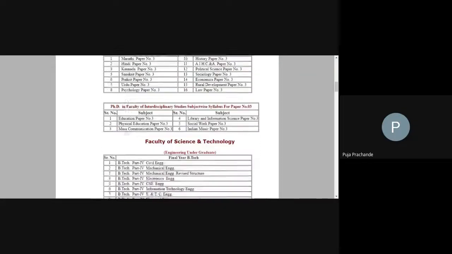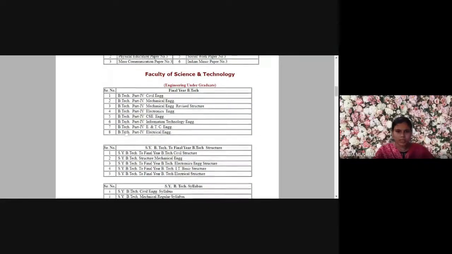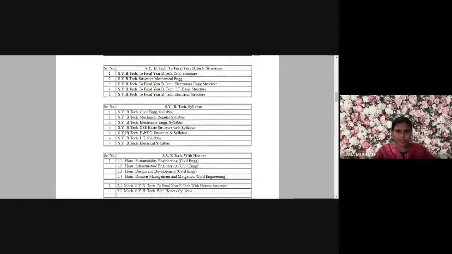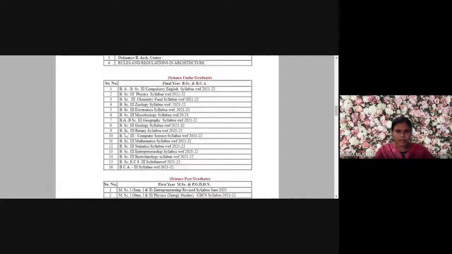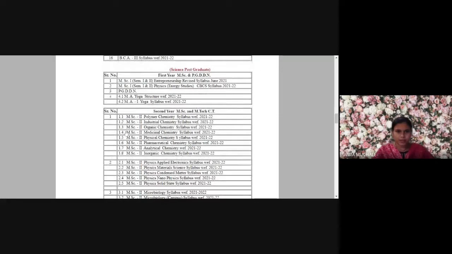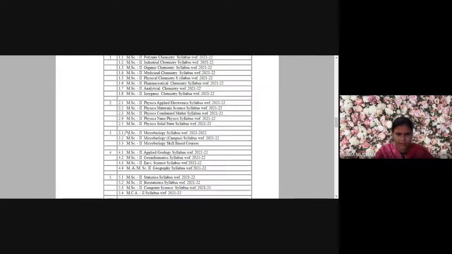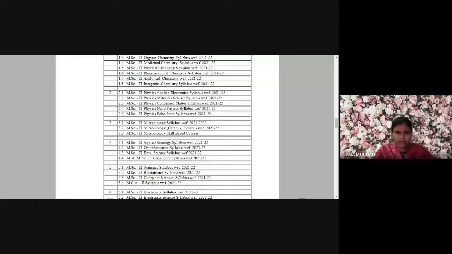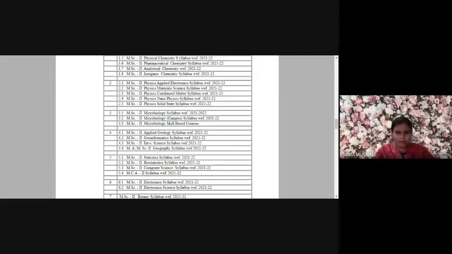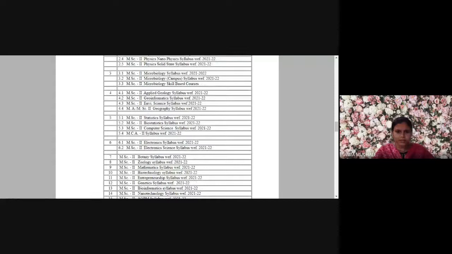Okay. So here you can see this is a syllabus of Faculty of Science, but here we don't have our syllabus. Let us see, okay, Science Postgraduate is there. We can see here, with effect from 2021 to 22.